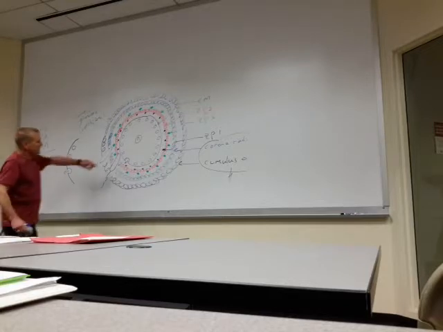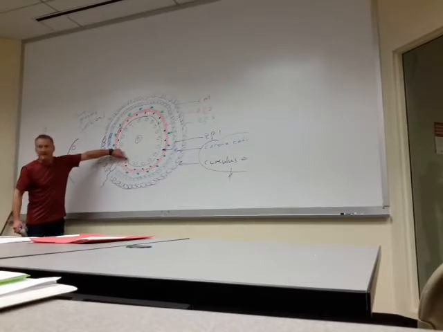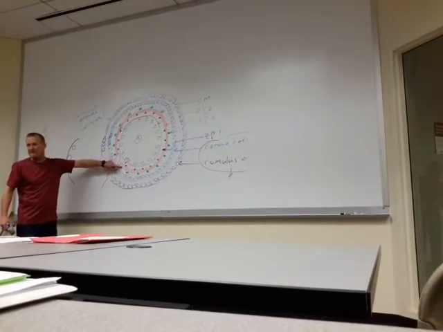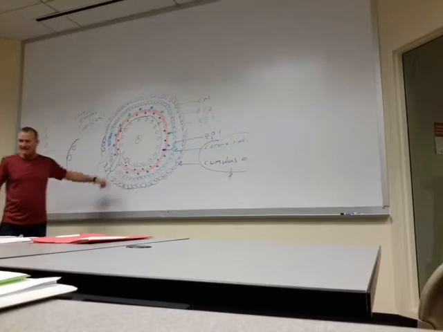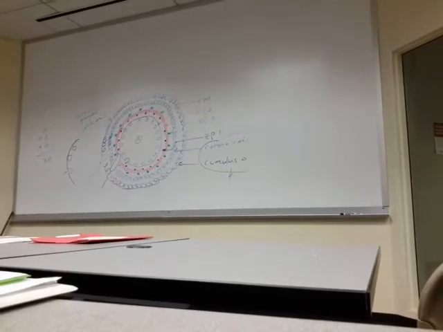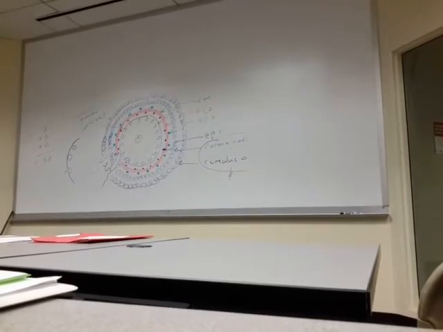So, the enzyme that the cortical granules release changes the structure of the zona pellucida so that acrosin can't digest it.